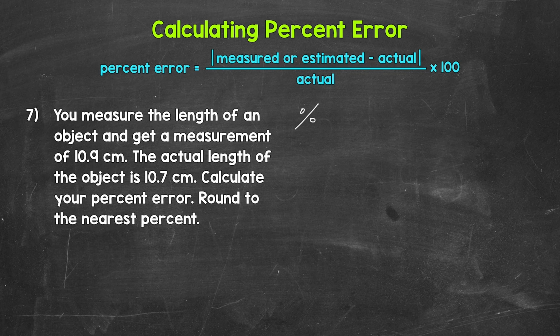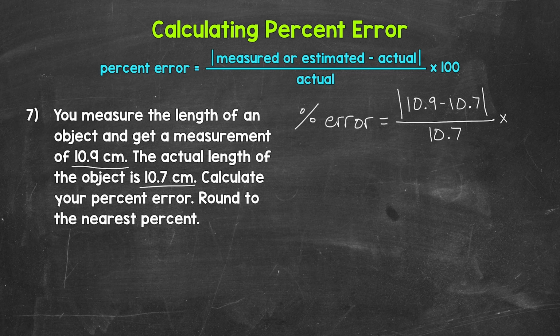We have percent error equals, and now we need the absolute value of the measured value minus the actual value. The measured value is 10 and 9/10 minus the actual value of 10 and 7/10 divided by the actual value, 10 and 7/10 times 100.